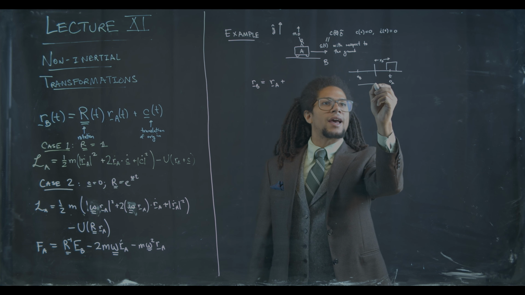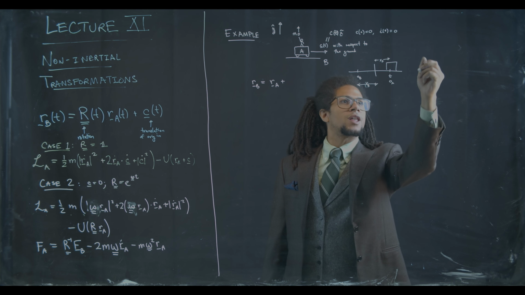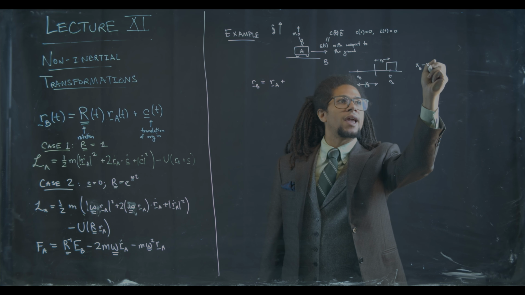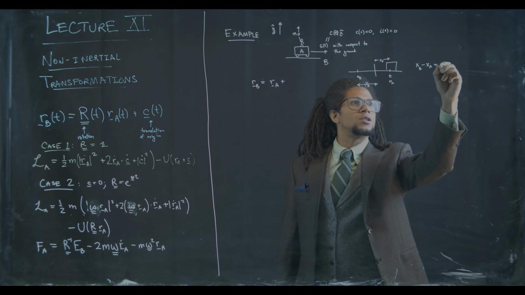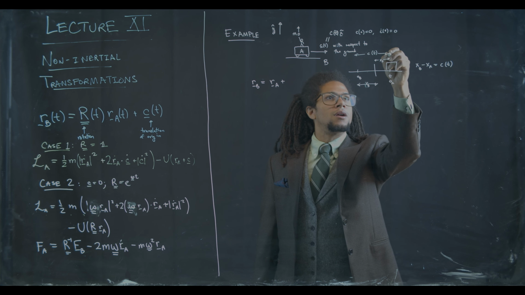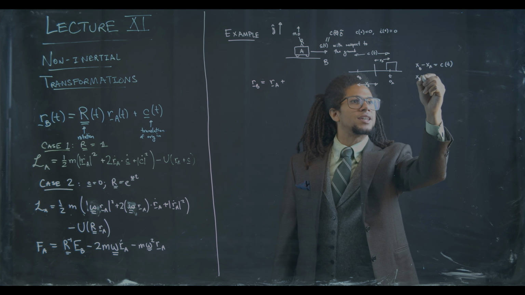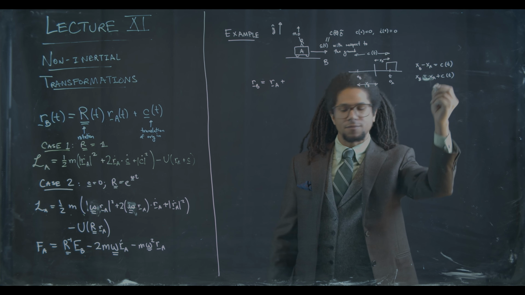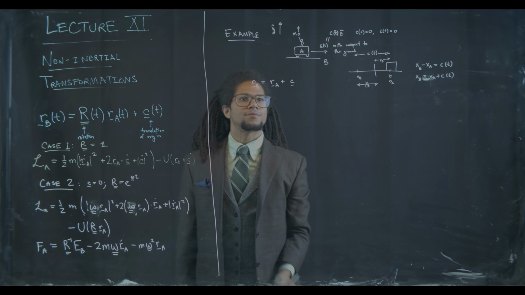And then here is x sub B. So note that x sub B minus x sub A, because remember that this is negative, is equal to, well, the position of the car in B at time t. So it's equal to c of t. Okay, rearranging this, we find exactly what we expect. x B is equal to x A plus c of t. Good. Okay, so that means that we just need to add the vectors.